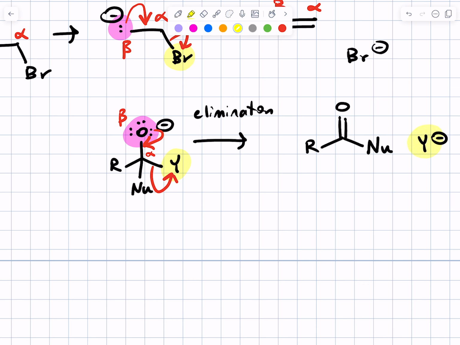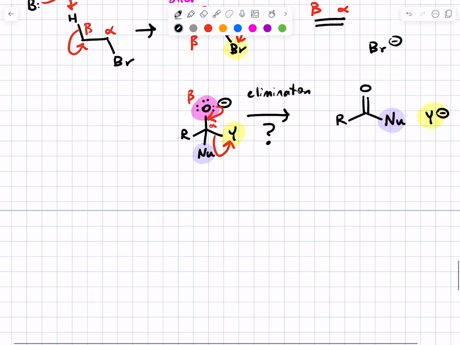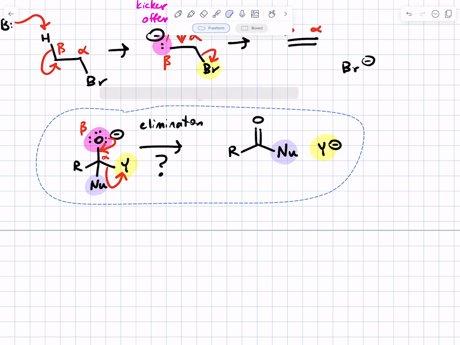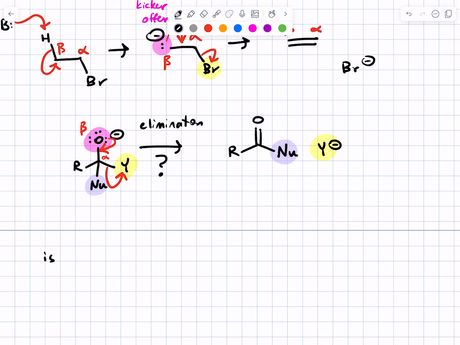Okay? So that's something that can happen. That's an elimination step that can happen to a tetrahedral intermediate. But we want to get a good feel for whether or not that happening is reasonable. And the key consideration in deciding whether or not that elimination step is reasonable will be, is Y a good leaving group relative to the kicker offer?